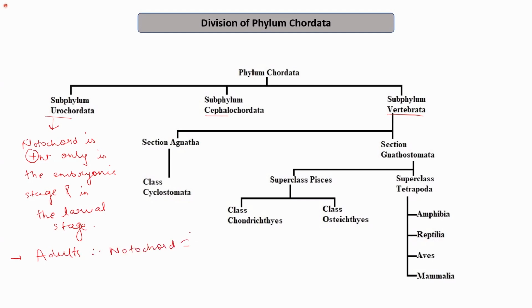absent. Right? While if I talk about the cephalochordates, cephalo means head, and their notochord is present from tail to head. It extends all over the body from tail to head, and it is present throughout their life, even in the adults.